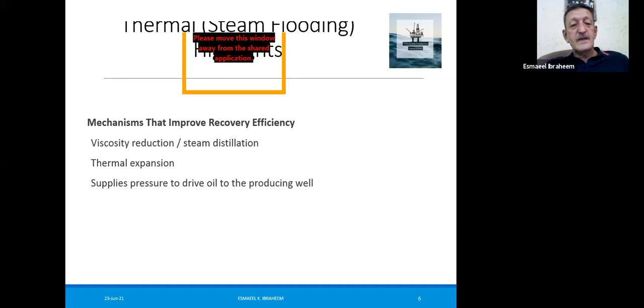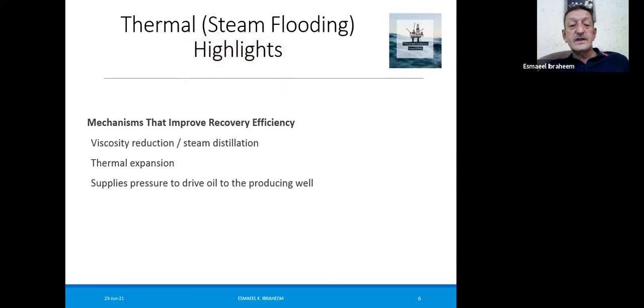Also, mechanisms that improve recovery efficiency. In this process, we use steam, and we improve the mechanism of the reservoir by first viscosity reduction and steam distillation, thermal expansion.